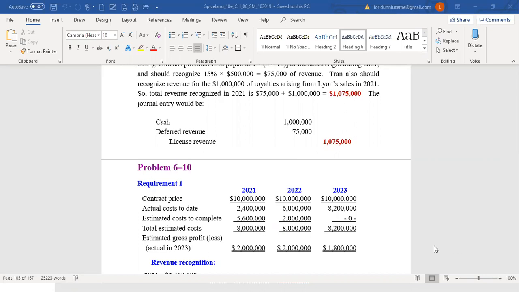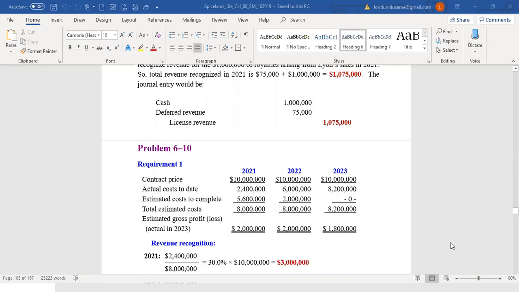Another 5.6. So this project is going to cost a total of $8 million. So as of the end of year 1, the company expects a gross profit overall on this project of $2 million, a $10 million contract minus the total cost to complete.